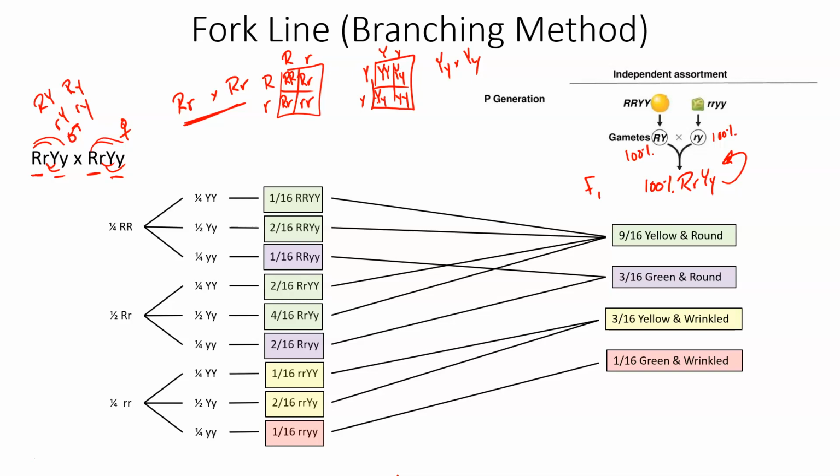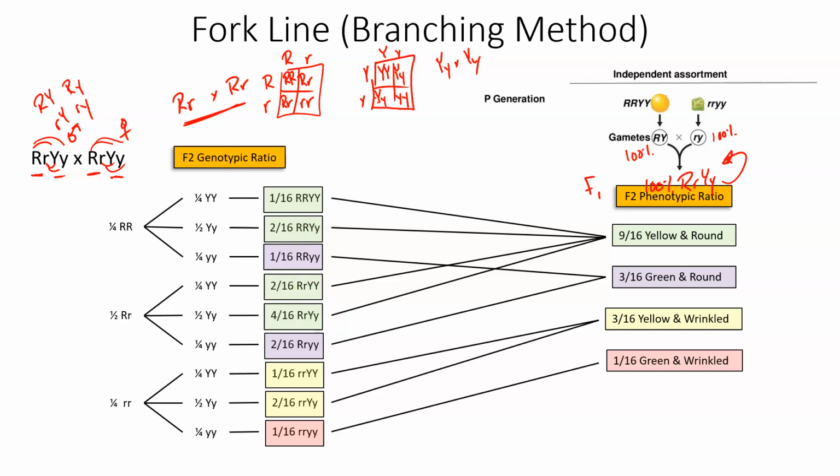Again, 9:3:3:1 is our expected ratio. That is the ratio of our F2 phenotype. There is a difference between the F2 genotypic ratio and the F2 phenotypic ratio. The phenotypic ratio is the ratio of what they physically look like. The genotypic ratio is the actual genetic makeup, or the genetic constitution, of the particular organisms or offspring.